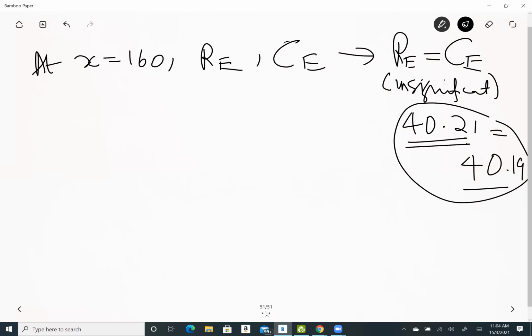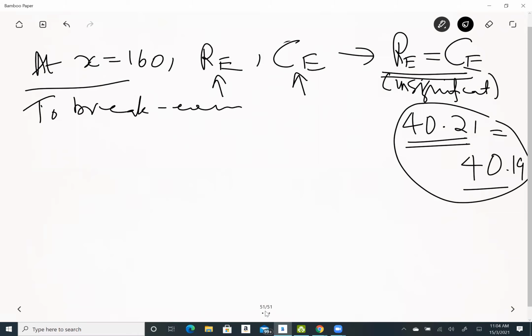Okay. So you may have some differences, but not that large. So you substitute into the R, and then you substitute into the C. We know that you should get the same. Okay, same cost and same revenue. That is the break-even cost and break-even revenue. So here, our conclusion is, to break even, we just describe the point.